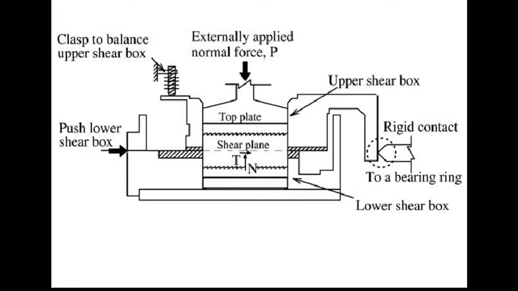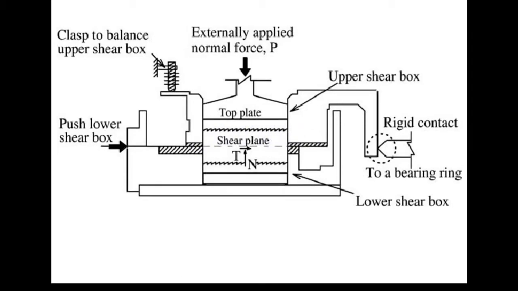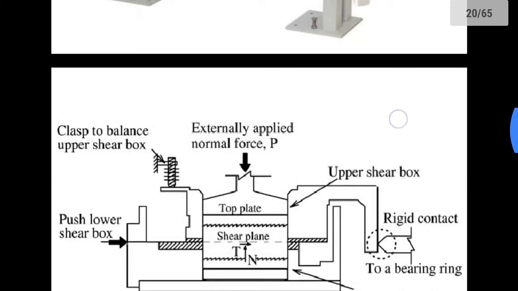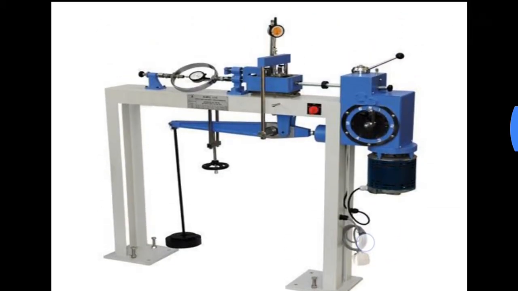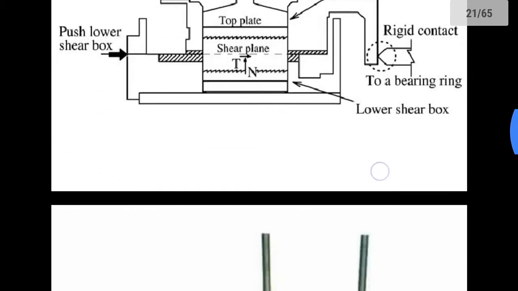Then the load which causes the shear is nothing but the direct shear force, and that divided by the area of the cross section would give us direct shear stress. Now this is the apparatus used for direct shear test.